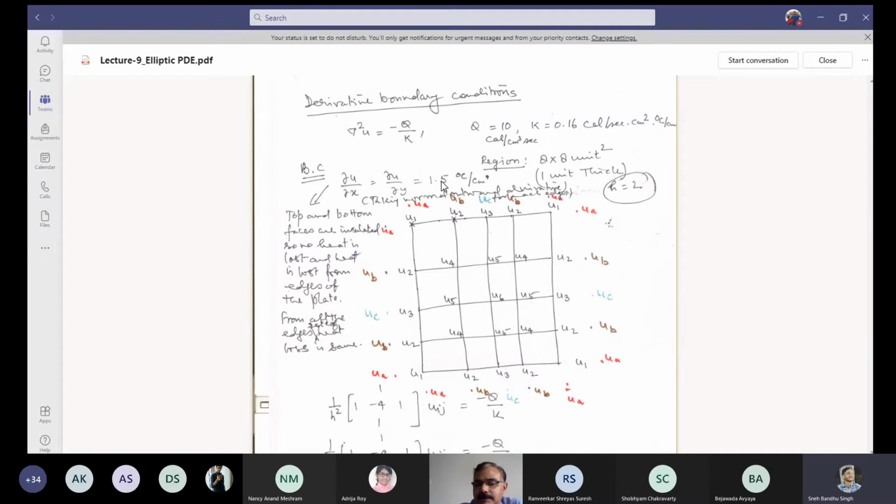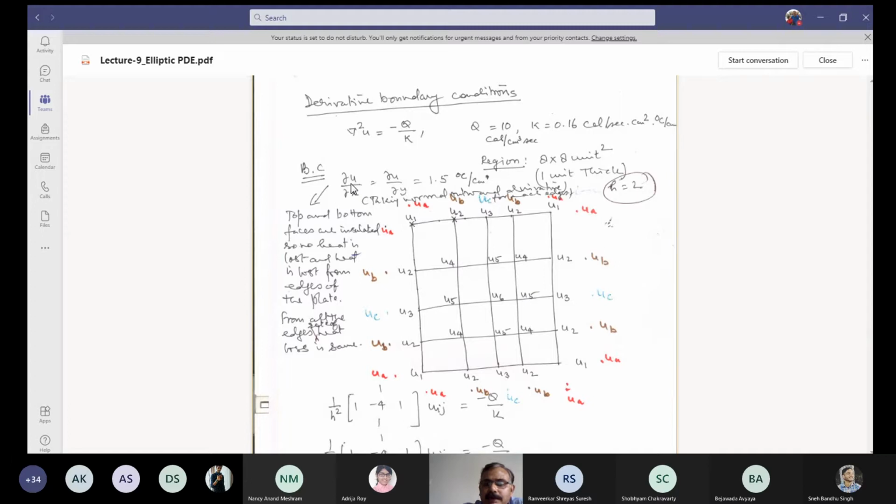Did you get the point? You will get the same thing if you discretize this del U by del X directly. At that point, one point further, one point backward, and then divided by 2h.